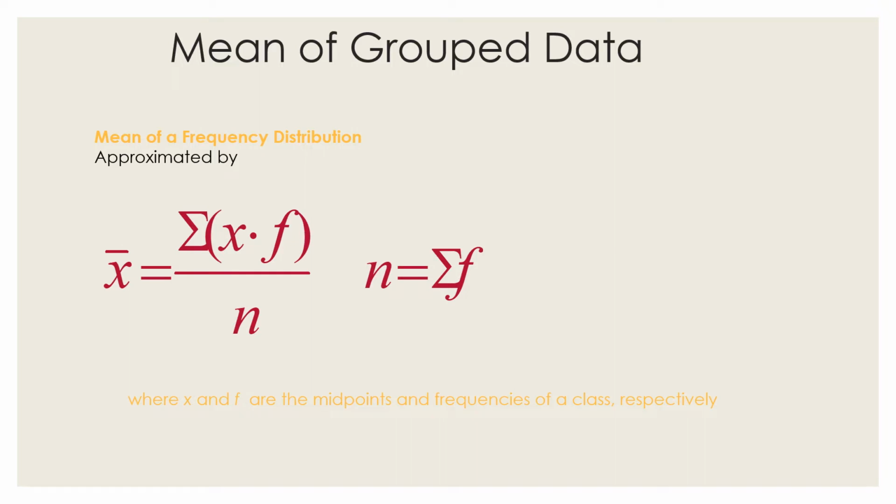Here is the formula, and this is the symbol for the mean: the summation of fx over n, where n is equal to the sum of f, or the sum of the frequencies, or the total. Here x and f are the midpoints and the frequencies of the classes, respectively.